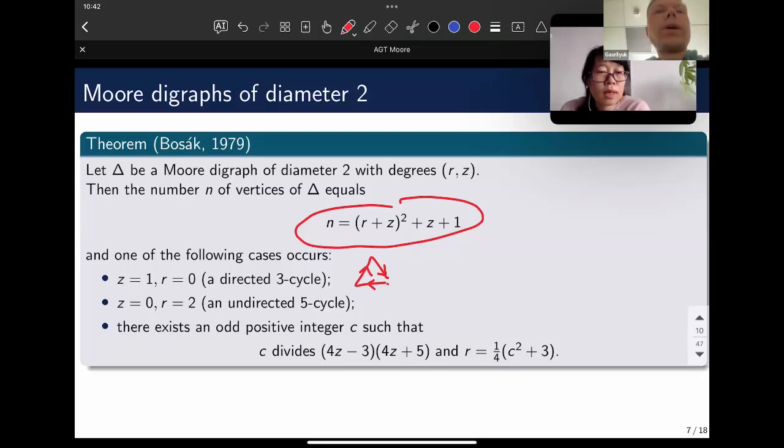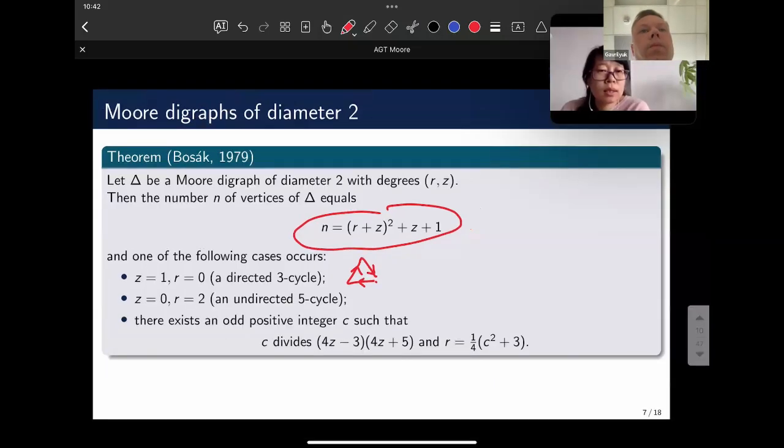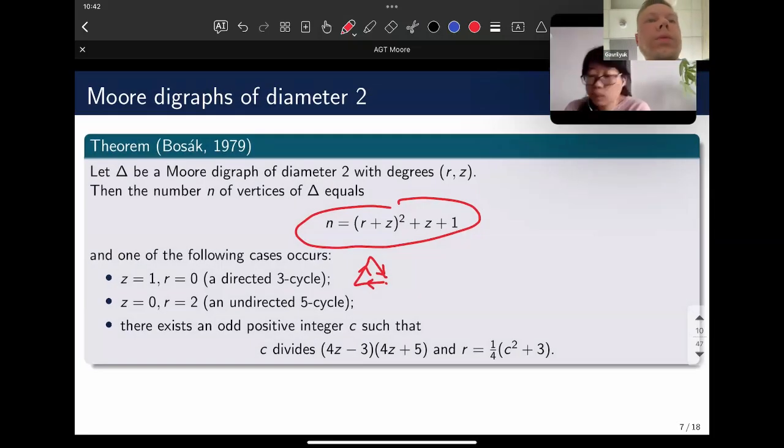Then we have an undirected 5-cycle. And the last possibility, which is the most interesting: there exists an odd positive integer c such that c divides this product, and r equals 1/4 of c squared plus 3.